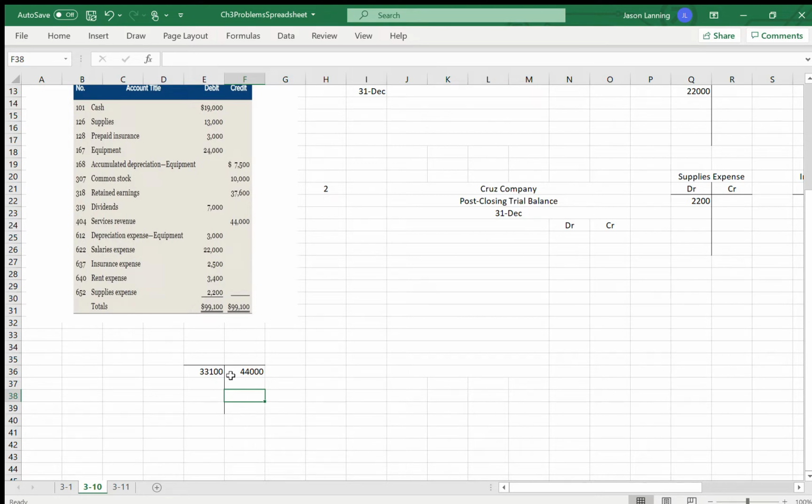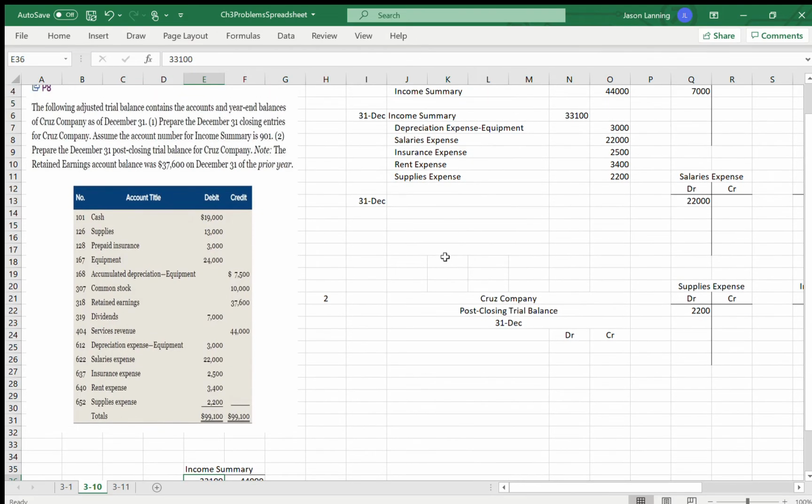We take the difference, subtract the smaller from the larger, and then the balance goes on the larger side: 10,900. Okay, so we have a credit balance in income summary right now. We have a $10,900 credit balance in income summary. So to clear that, we have to debit income summary.